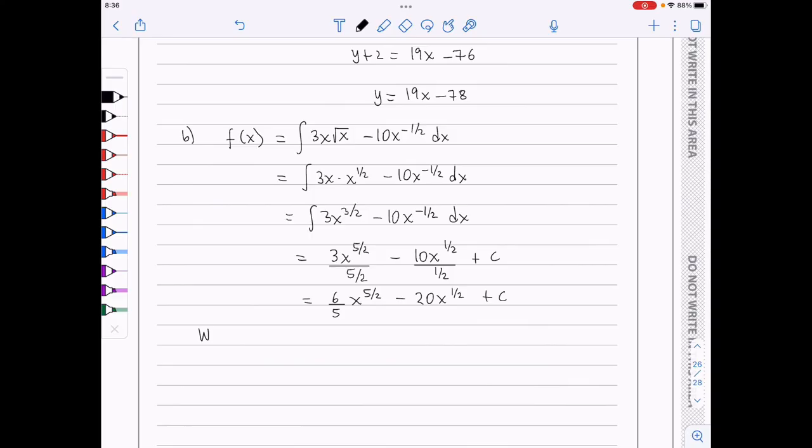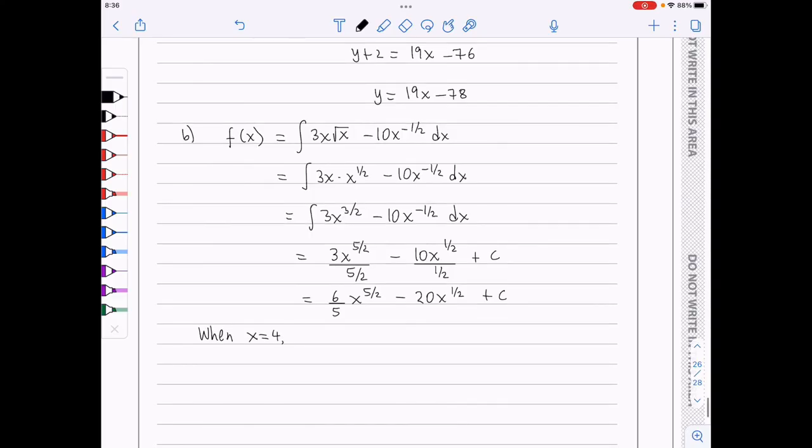We have been told that when x is 4, y is negative 2, which means that minus 2 will be 6 over 5 times 4 to the 5 over 2 minus 20 times 4 to the half plus c.